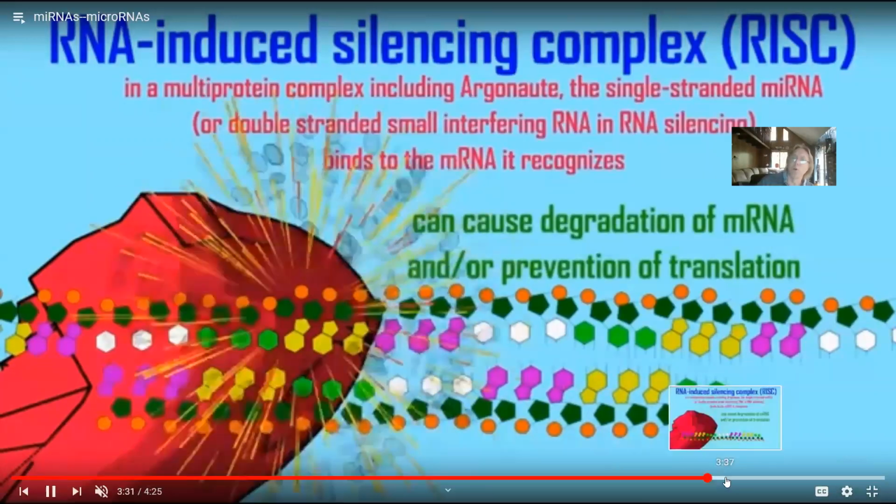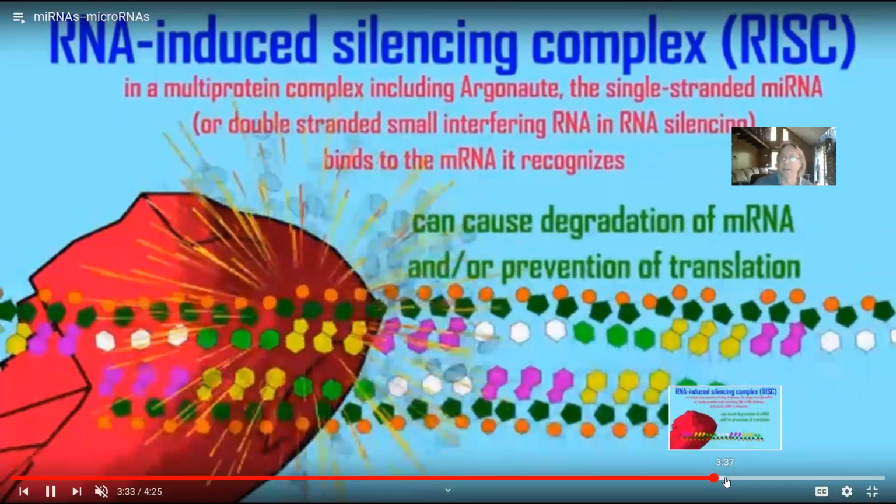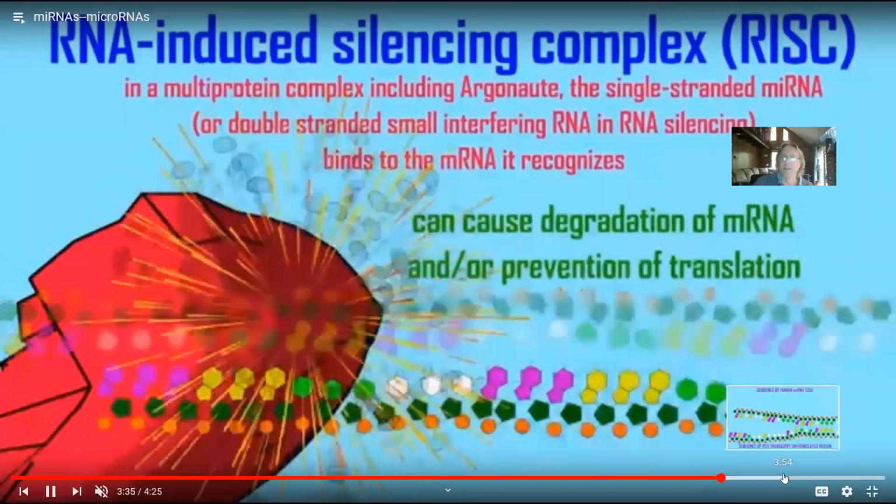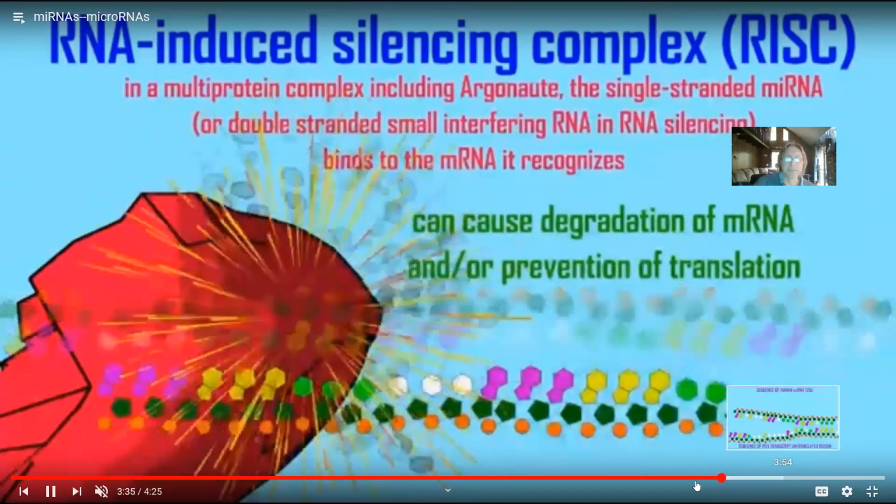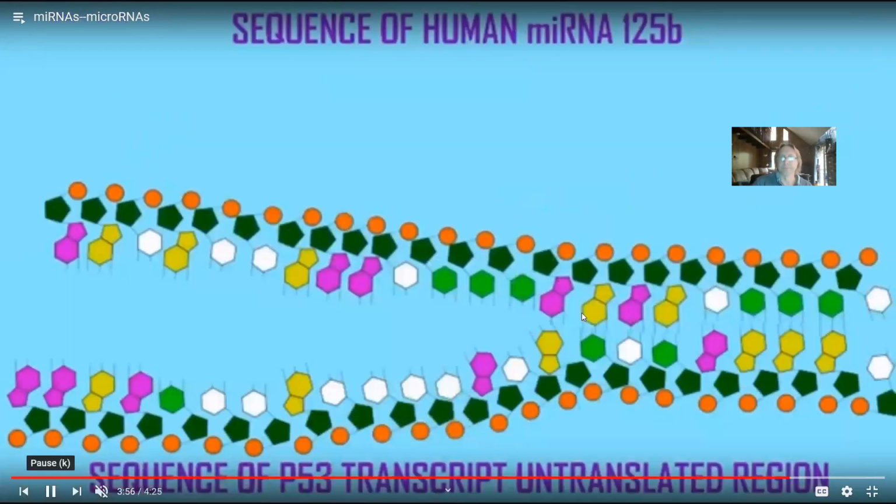So just because the mRNA was made doesn't mean that it will actually ever be used. And we have specific microRNAs, which will bind to specific genes. So for example, let's say you make the mRNA for P53, which is a tumor suppressor, and you're thinking, oh, this is great, I'll decrease the risk of cancer by making P53.